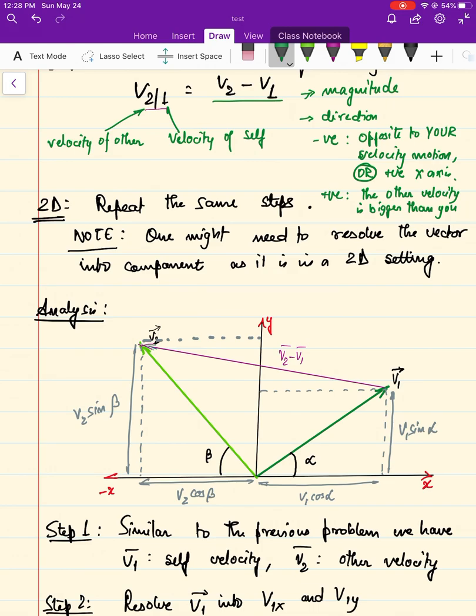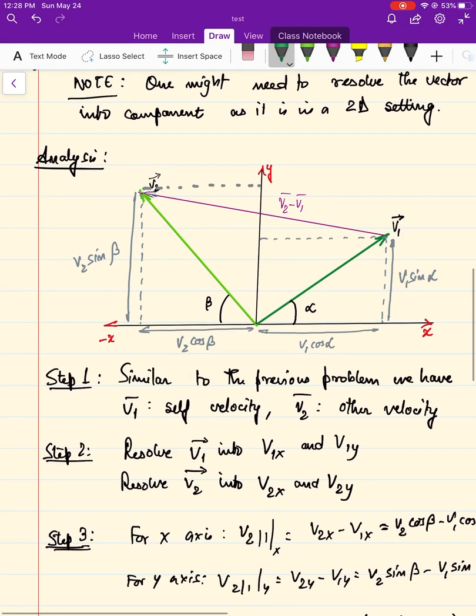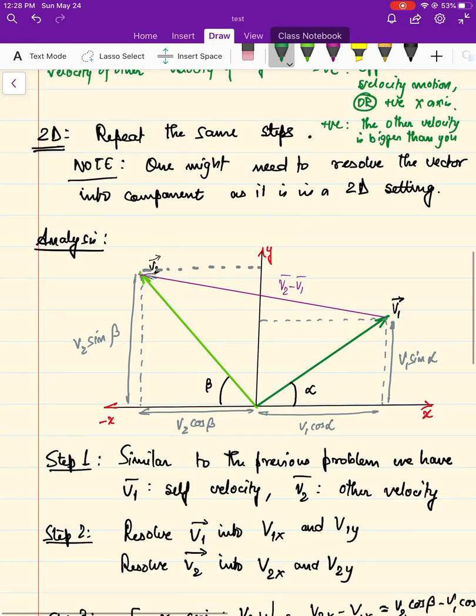So we can approach the same problem using vector decomposition, or if you can resolve the vector into scalars and then perform the exact same operations in both the axes, in that case this is pretty much the same. This is essentially the same problem.